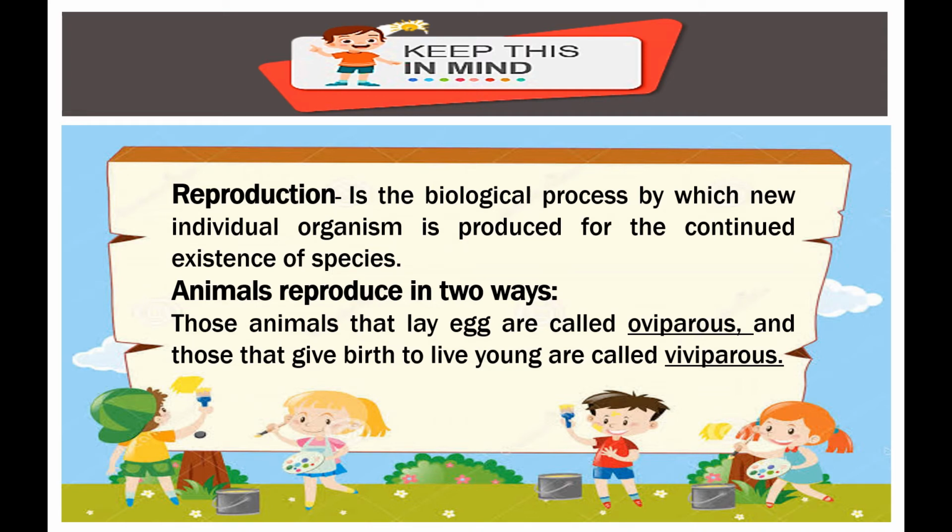Animals reproduce in two ways. Those animals that lay egg are called oviparous, and those that give birth to live young are called viviparous.